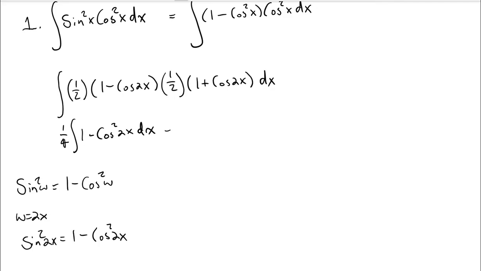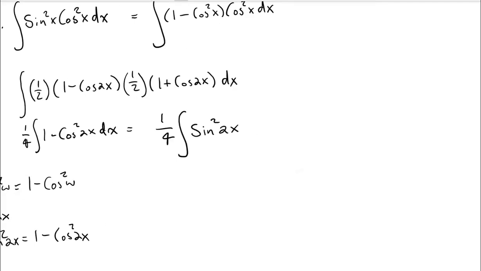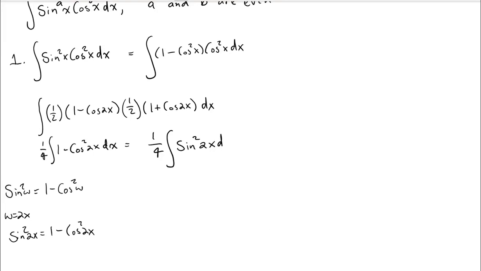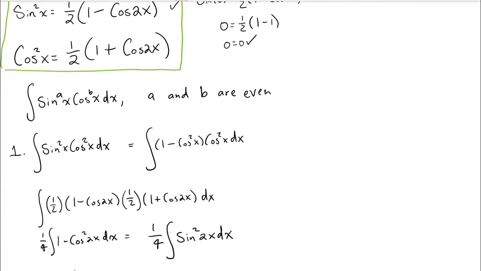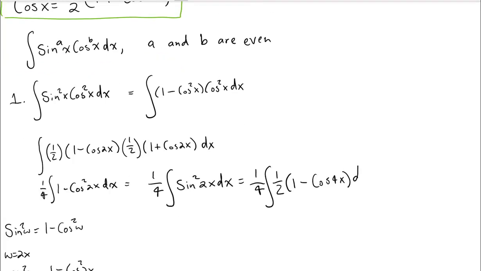So then we know that this is equal to 1/4 times the integral of sine squared of 2x dx. And then using our identity above, that would be equal to 1/4 times the integral of 1/2 times 1 minus cosine. And it's not cosine of 2x, it's cosine of 2 times 2x, which would be 4x. So we're applying this identity again.